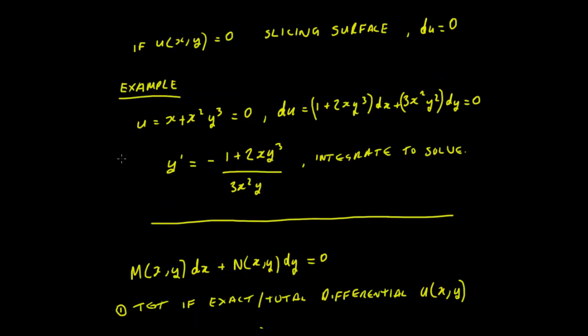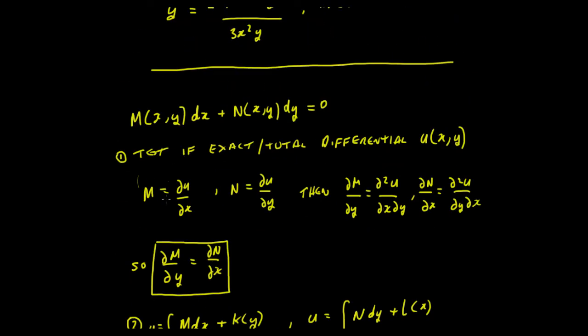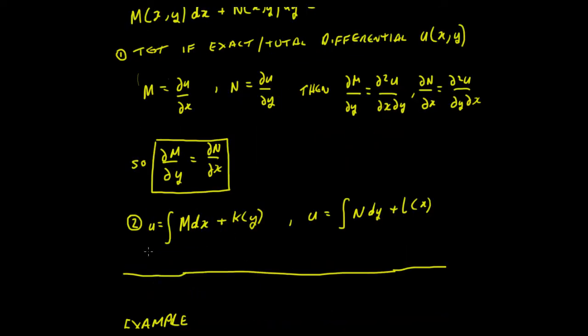We could either integrate M with respect to x, or integrate N with respect to y, whichever turns out to be the easiest. So u is the integral of M dx plus some function k of y, or u equals the integral of N dy plus some function L of x. Either one of these would do.